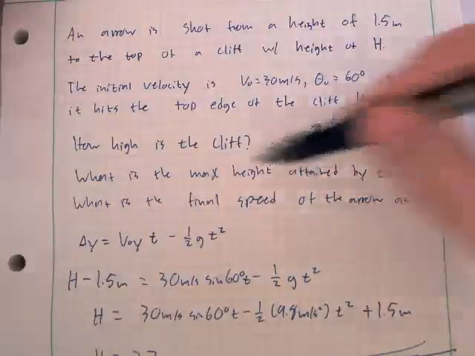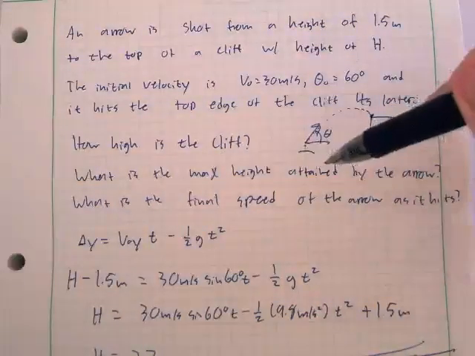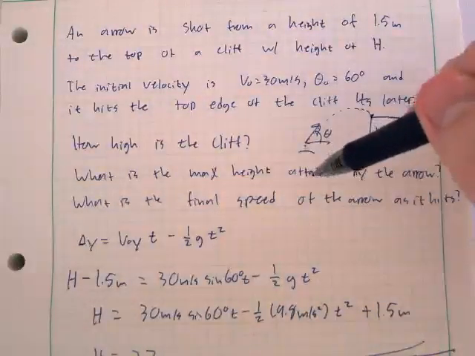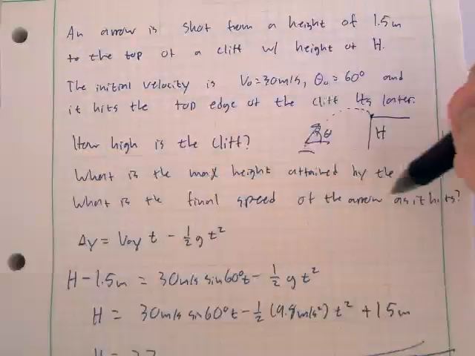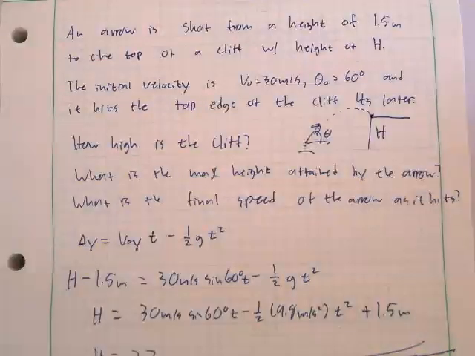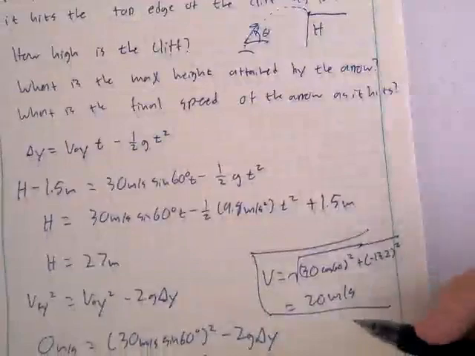We can figure out the maximum height, again, by using the fact that at the maximum height, the y component of the velocity must be 0. And of course, we can find the final speed of the arrow as it hits, keeping in mind that the initial velocity in the x direction is going to stay the same. So we only need to figure out what the final velocity in the y direction is, and then do our Pythagorean theorem to get our 20 meters per second.